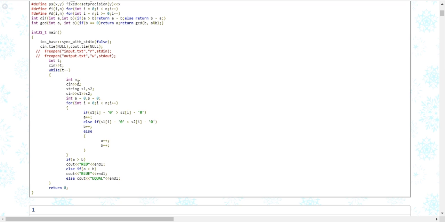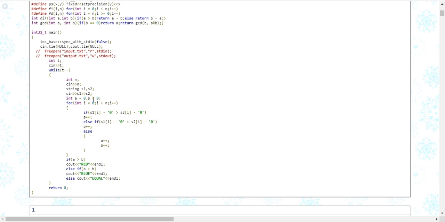For every test case, the first input is n, the number of cards, and after that we have strings s1 and s2, where the digit in s1 at a particular index is the number on that red card, and the corresponding digit in s2 is the number on the same card, the blue number.